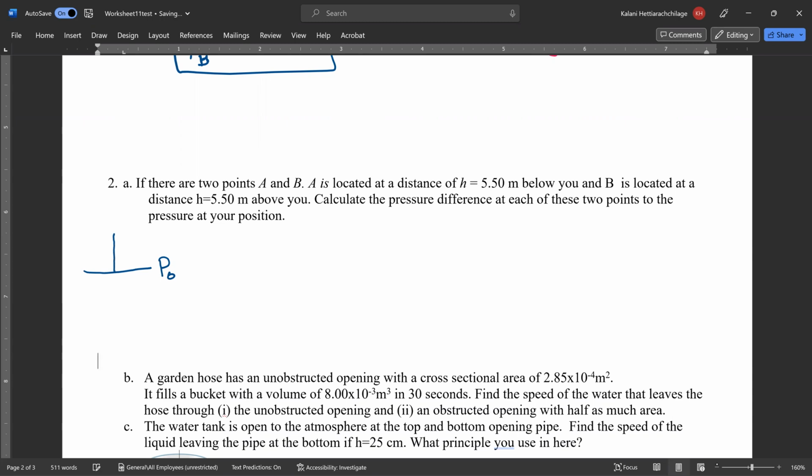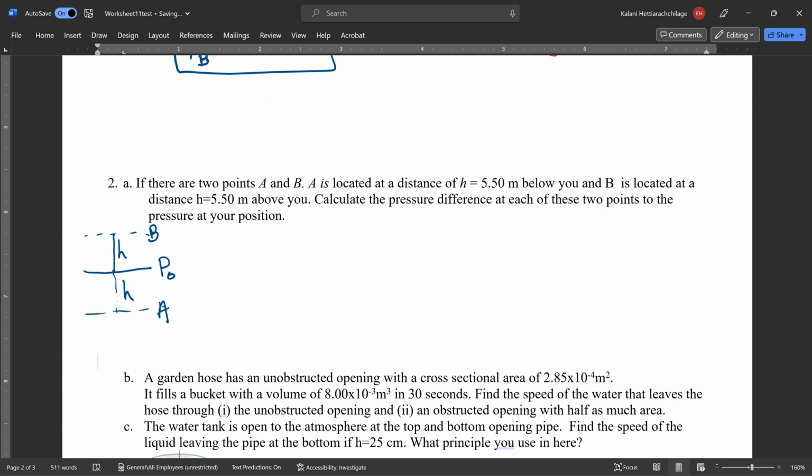But you need to calculate at points A and B. They are at the same height, but A is below you and B is located at a distance above you. This is point B, this is point A, this is H, this is also H, right?